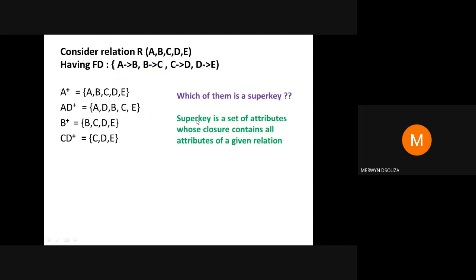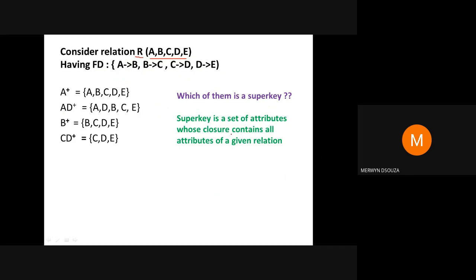A super key is a set of attributes whose closure contains all the attributes of a given relation. You can check here, these are all the attributes of the given relation R. So which of these attribute closures contain all the attributes?